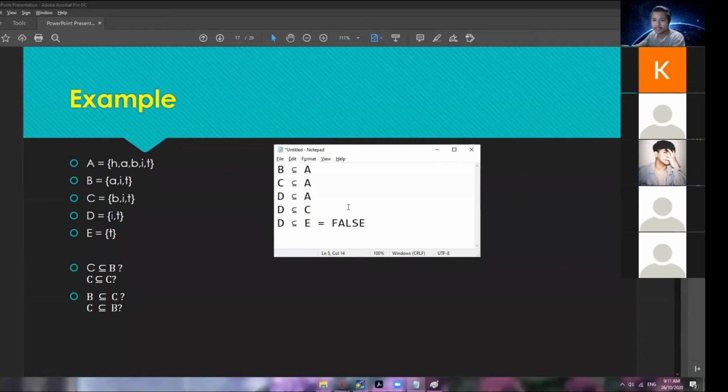Ganoon lang naman kasimple: kapag nahanapan niyo yung elements ng nasa left side papunta sa right side, then that is true. Pero kapag merong isang wala or hindi mo mahanap dun sa right side, then that is already false. So let's answer this one. Is C a subset of B?